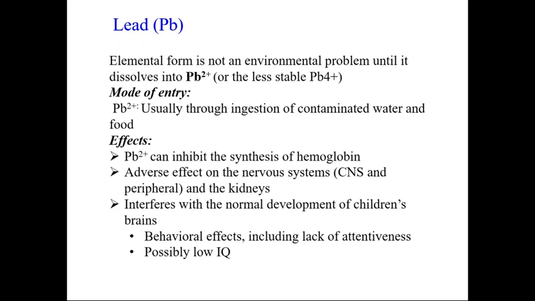The mode of entry is generally through contaminated water. So how does lead become toxic? It can inhibit the synthesis of hemoglobin. It has an adverse effect on the central nervous system. It interferes with the normal development of the child's brain. So you have behavioral effects and low IQ.